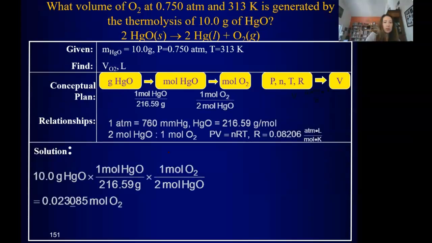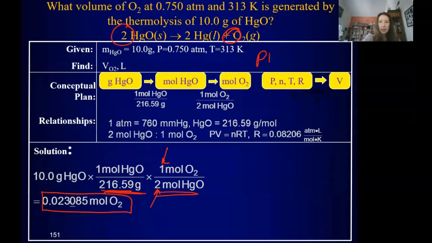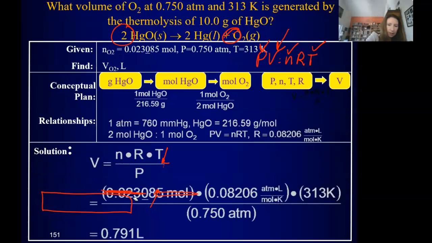Okay, so let's set all this up. So first thing we do is we used our molar mass, and then we used our mole-mole ratio. Again, 1 mole of oxygen, 2 moles of HgO to give us our moles of oxygen. And then again, now that we have moles of oxygen, we have temperature, we have pressure, all we need to do is solve for our volume. And I have all of this here nice and easy for you.